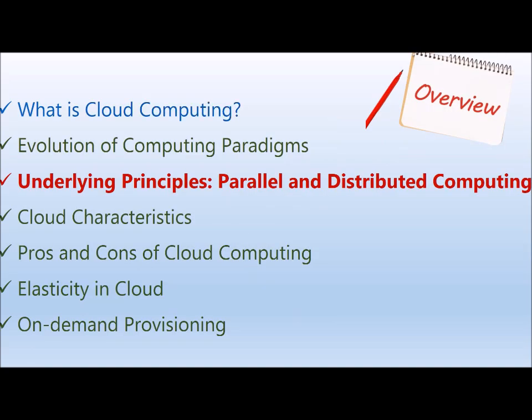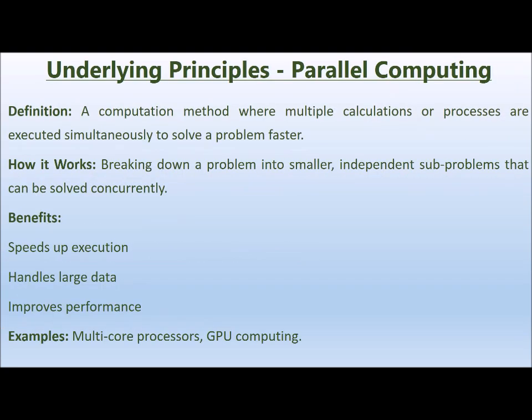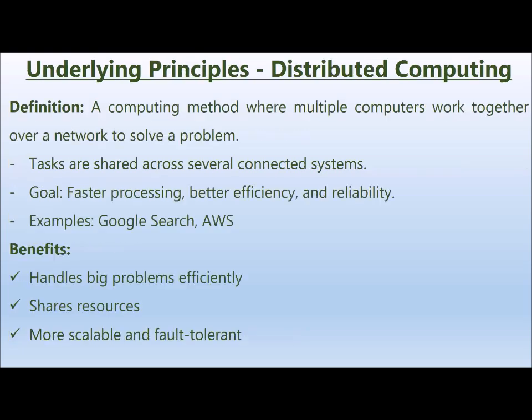And so the next one is parallel and distributed computing. So parallel computing is nothing but a computation method where multiple calculations or processes are executed simultaneously to solve a problem faster. Means multiple processes are executed parallelly to solve a big complex problem in a faster manner.